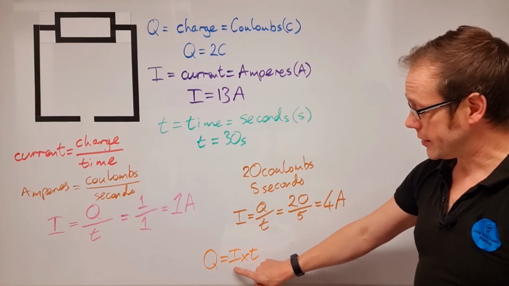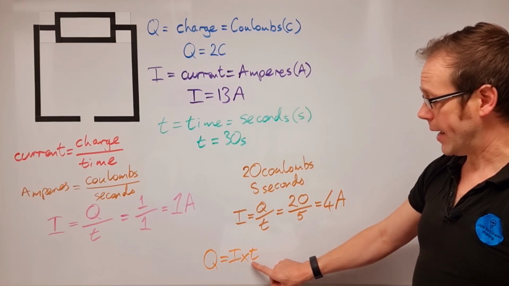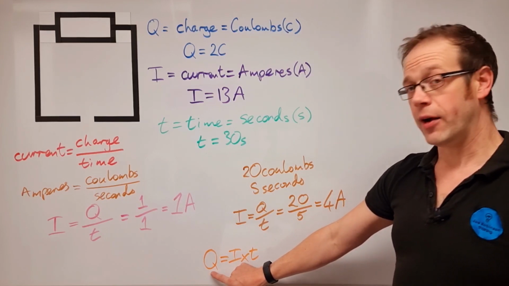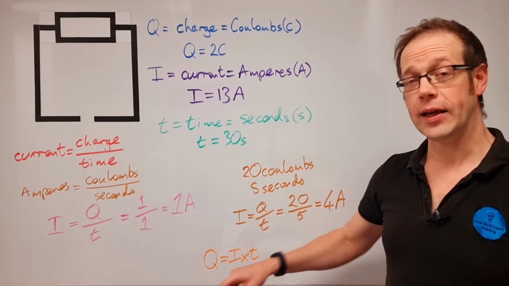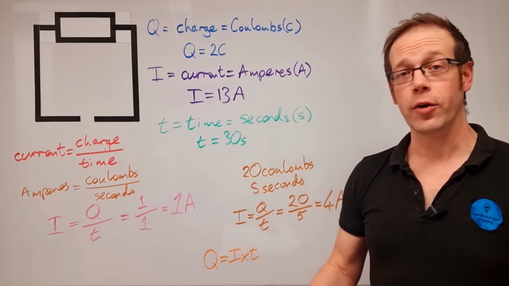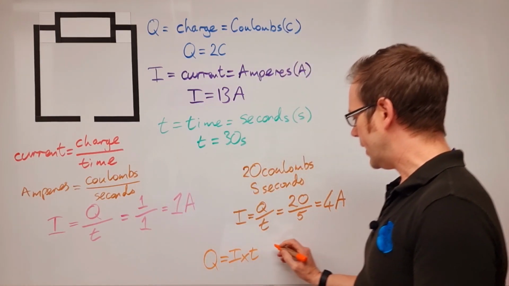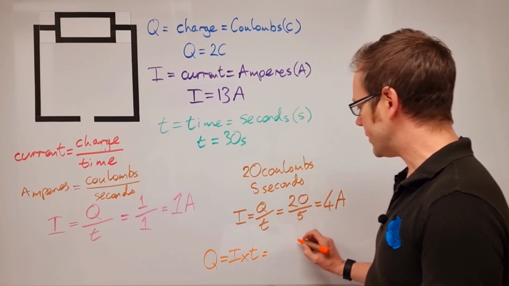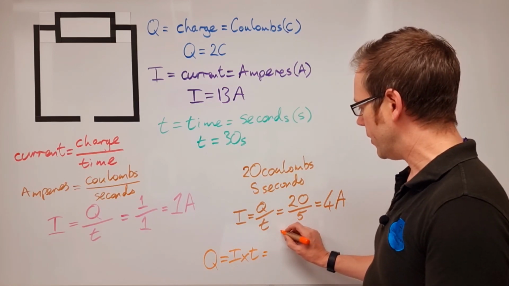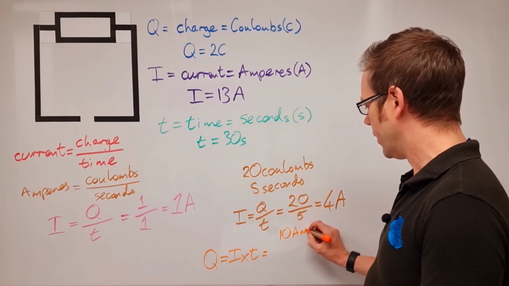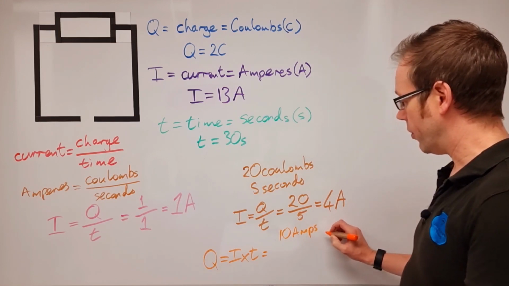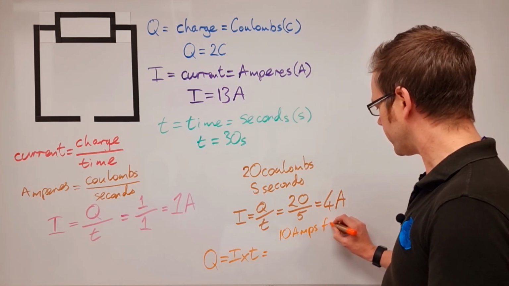Now what this tells us is that if we know how much current is flowing and for how long, we can use that to figure out how much charge is flowing, how many coulombs are flowing, so an idea of how many big bunches of electrons are flowing. Let's say again we've got something nice and simple, like 10 amps flowing for 5 seconds.